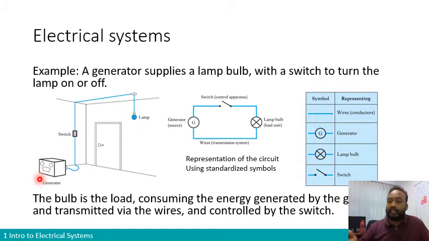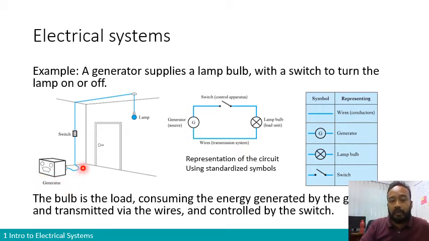A generator like your pasar malam generator, right? It's operated by, I'm sorry, not diesel, for example a small petrol engine that rotates a certain turbine, which is the generator, and then the generator produces electricity.